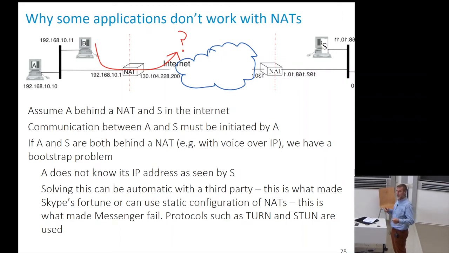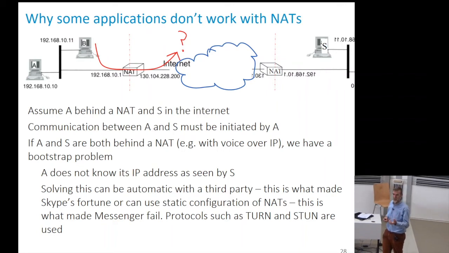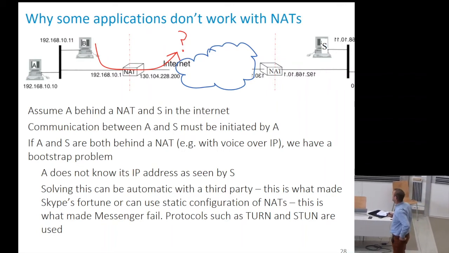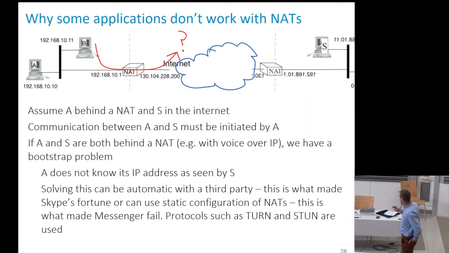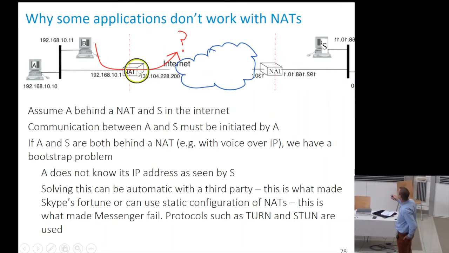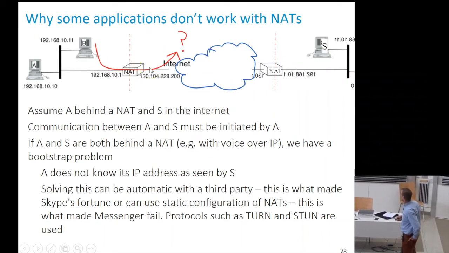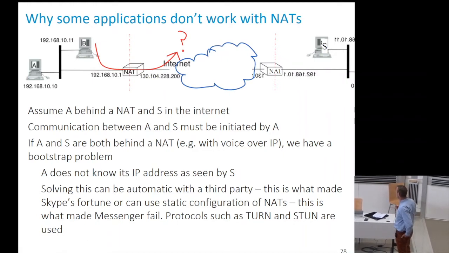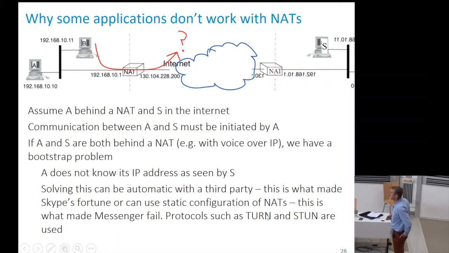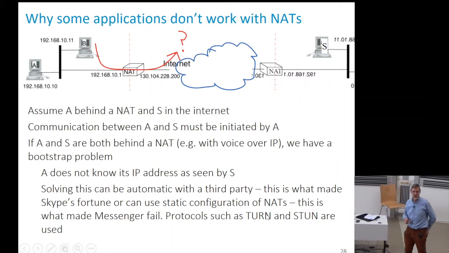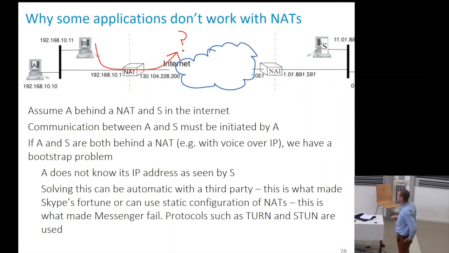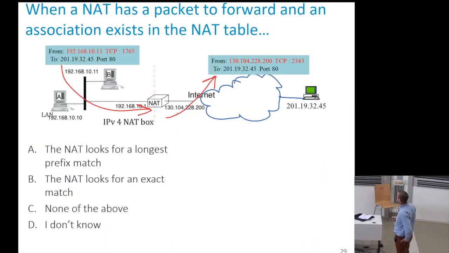In the best case, the mapping is completely predictable. For example, the NAT always uses the same IP address, so that the server would see you with the same IP address. But in some cases, it doesn't happen. If you're interested, there are protocols for talking to servers that will help you discover the addresses behind the NAT. That's the price to pay for NATs.